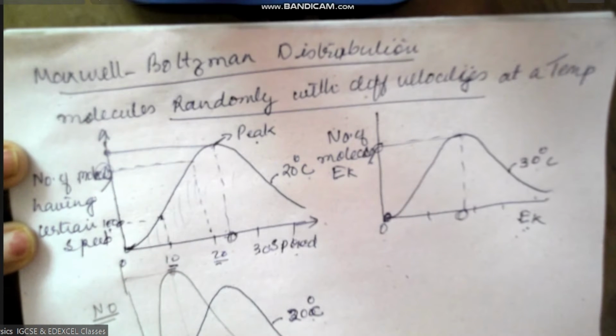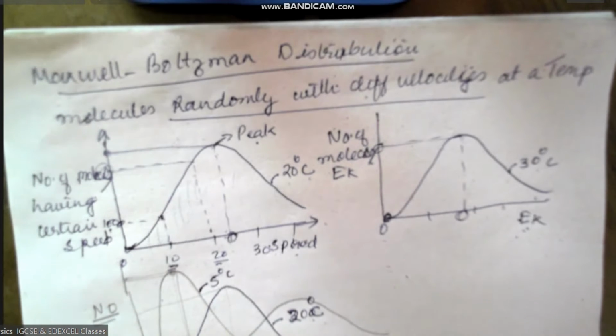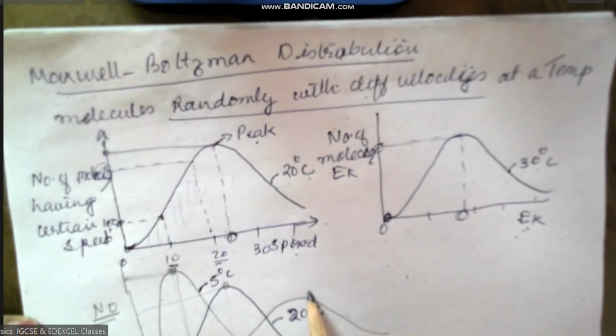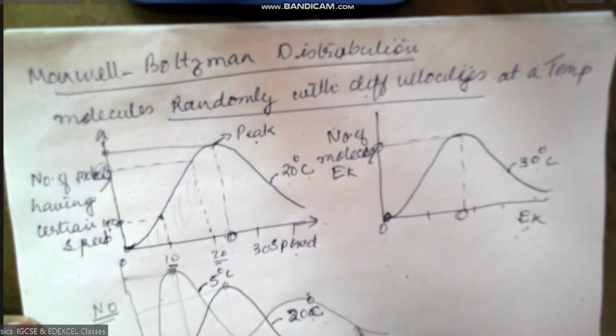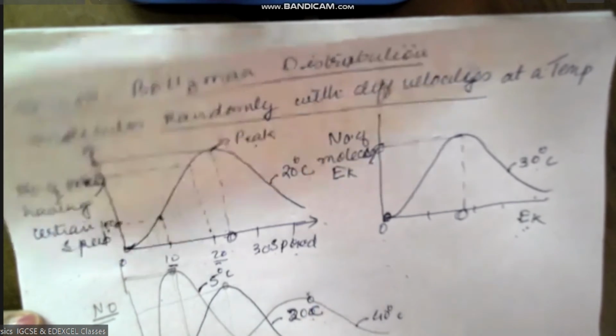Let this be at 20 degrees Celsius. Now, at say 5 degrees Celsius, the graph will be like this. What has happened? The peak has shifted to the left, and the number of molecules at the peak is more.